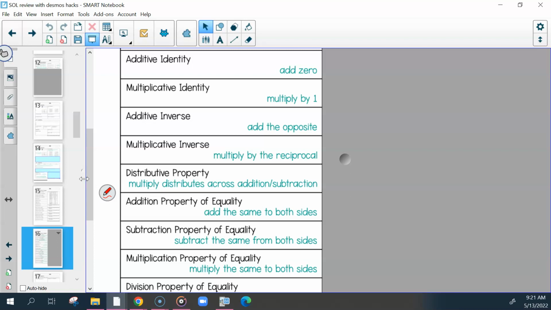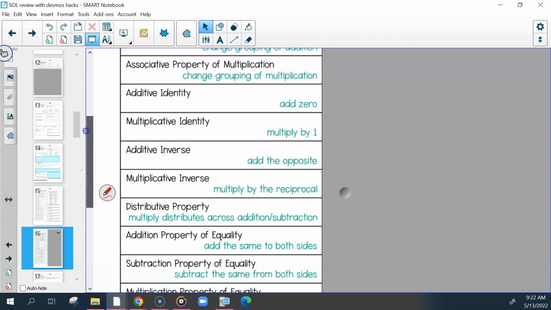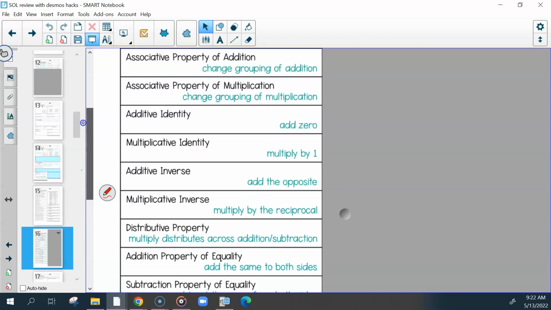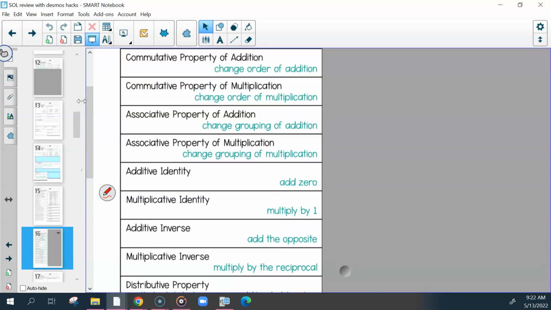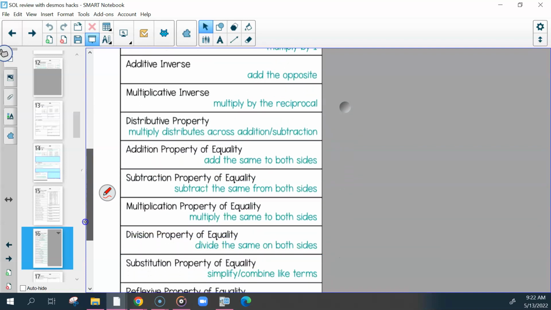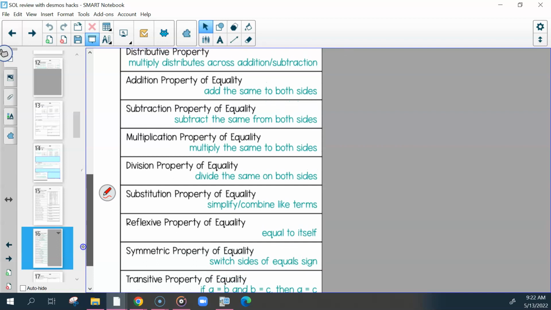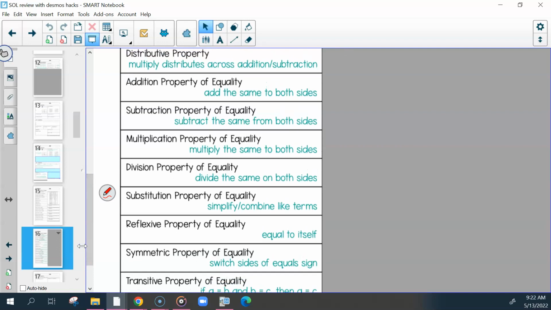Subtraction property of, I skipped one. Addition property of equality, add the same to both sides, add whatever to both sides. I'll scroll back up in a moment.